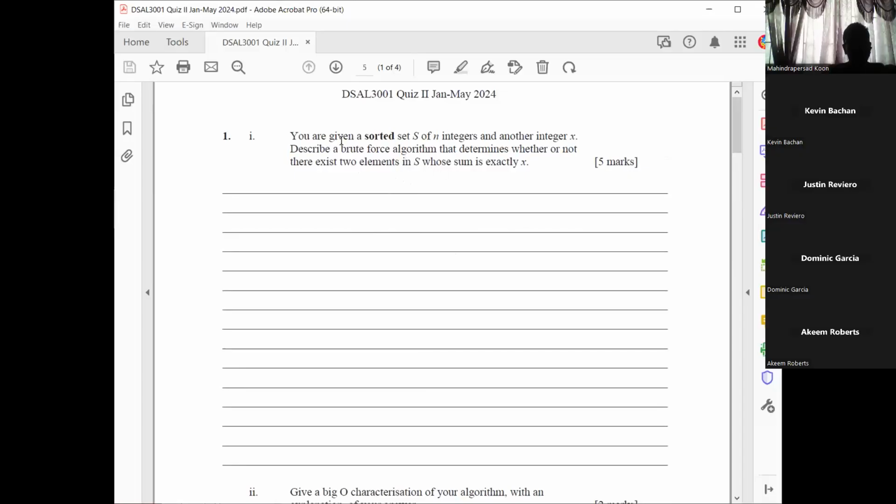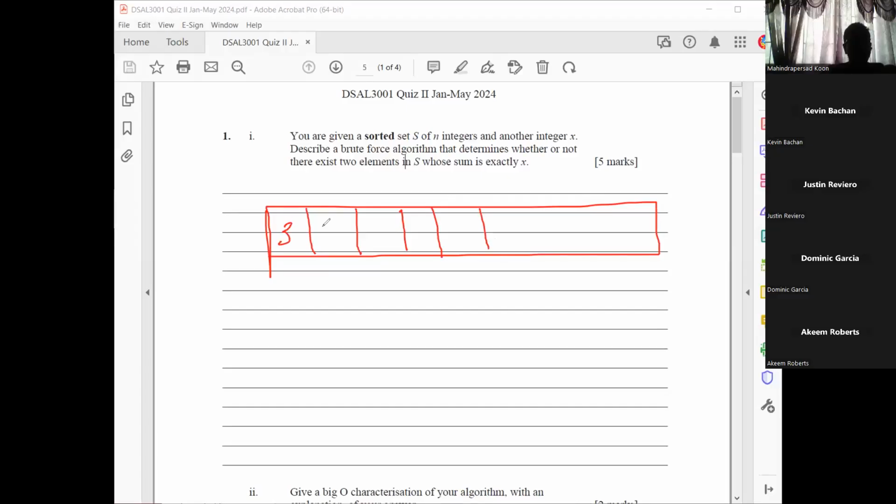Okay? It's a sorted set of n integers, right? Which means that you have, let's say, an array. It's sorted, so your numbers go in increasing order. Describe a brute force algorithm that determines whether or not there exist two elements in S whose sum is exactly X. So you have a number.